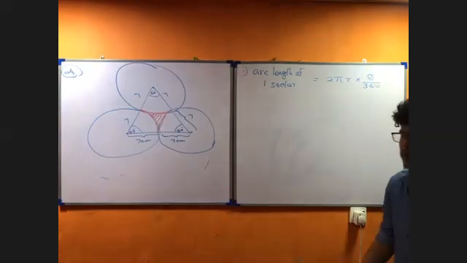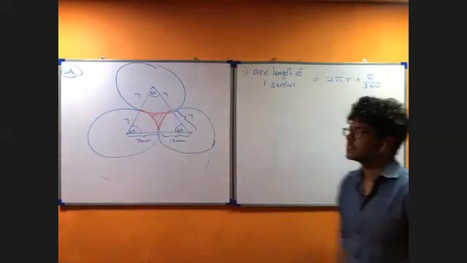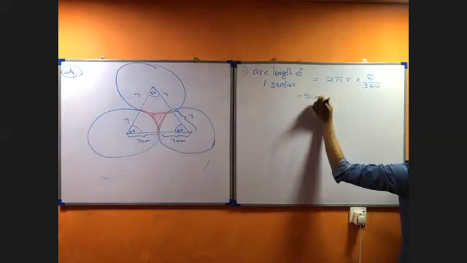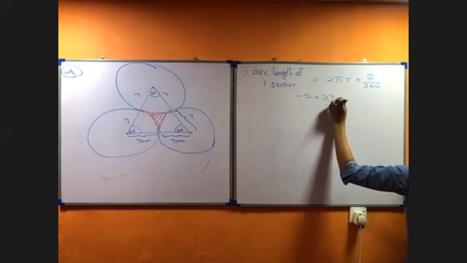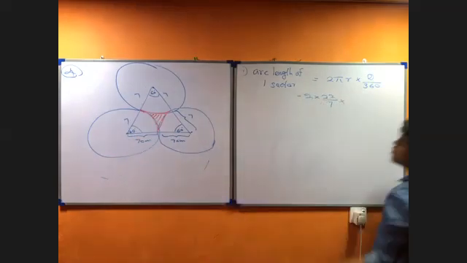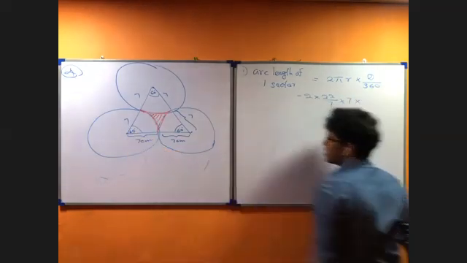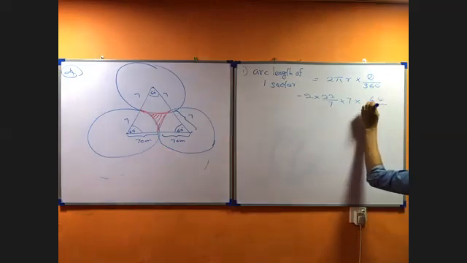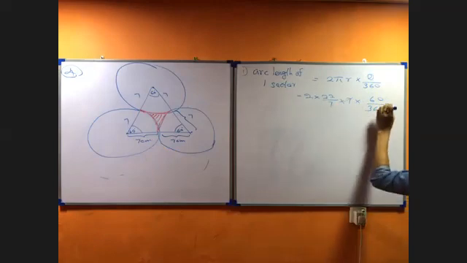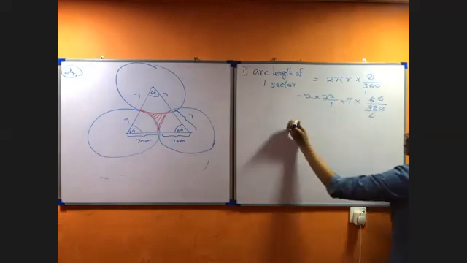This is the formula to find the arc length of a sector. Pi is 22/7, and the radius of the sector is 7, and the angle theta is 60 degrees. So 2 times 22/7 times 7 times 60/360. The 7s cancel off, the 0s cancel off, we have 1 over 6.